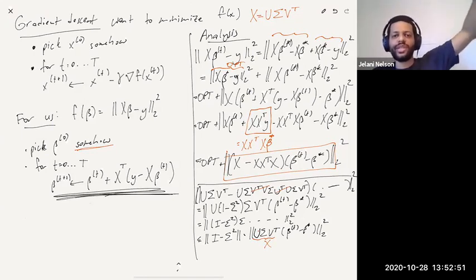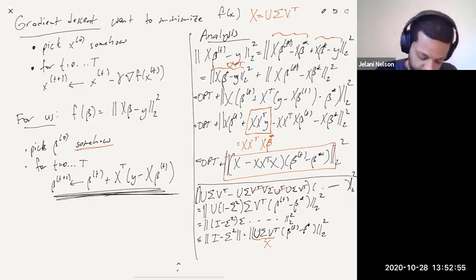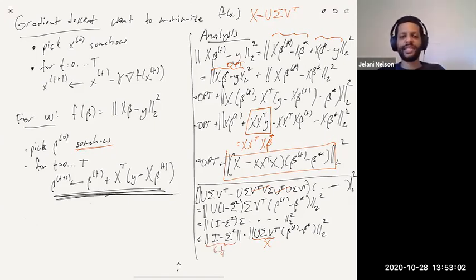All those singular values are very close to 1, so this thing is very small. I can say this is at most a quarter or something, right? Does that make sense? If all the singular values are sufficiently close to 1, then this operator norm is of a diagonal matrix where all the diagonal entries are very close to 0. So in particular, they're all at most a quarter or something.